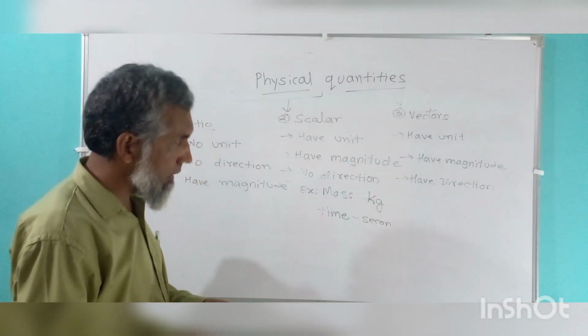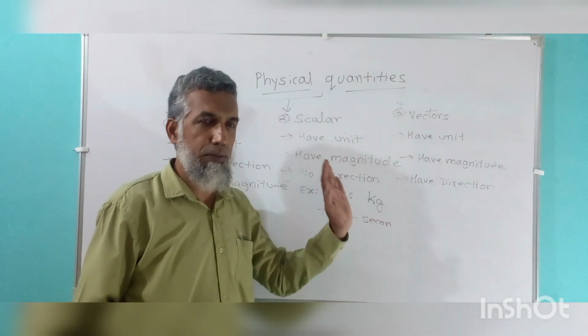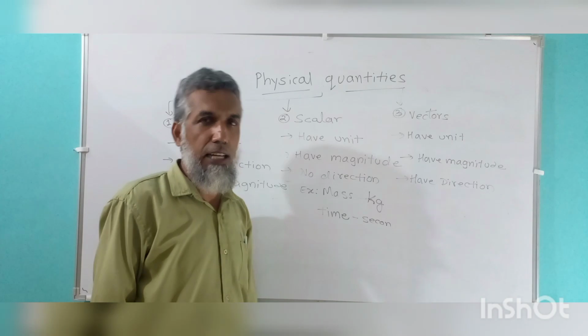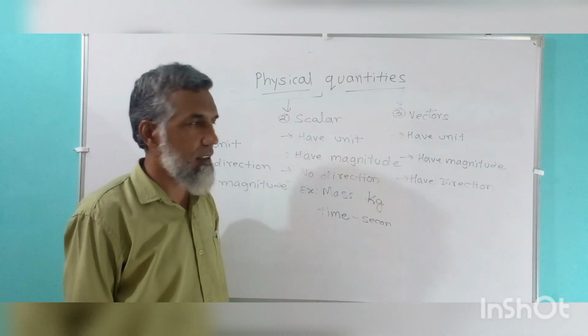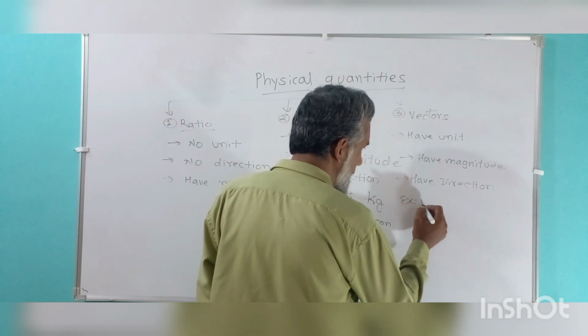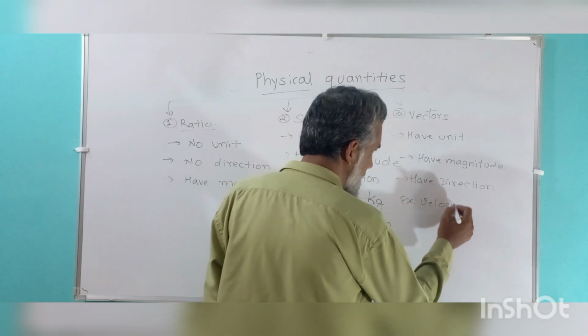Such quantities are called as vectors. They have unit, they have magnitude, and they have direction also. For example, we say velocity.